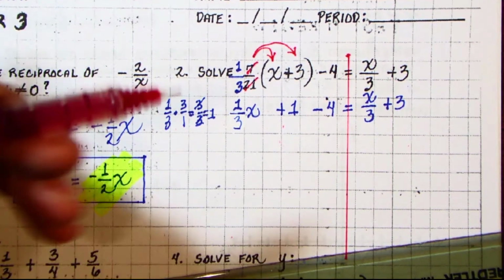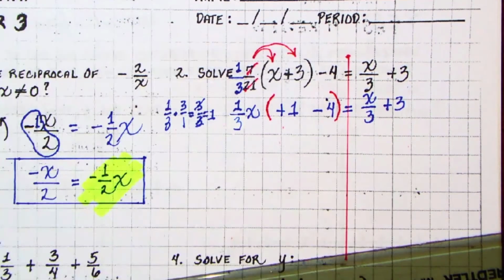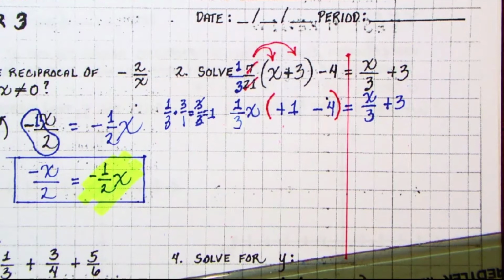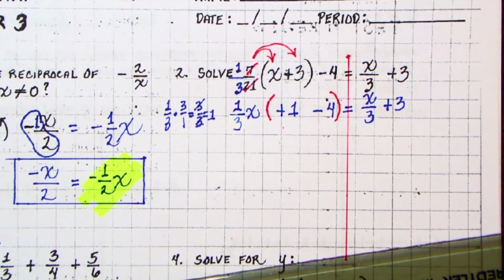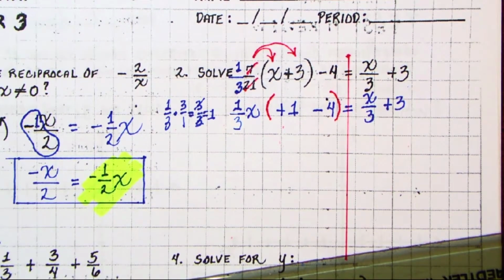Yes, sir. All right. So now I'm going to group these terms because they're like one another. What is 1 minus 4? Negative 3. Good job, Andrew.